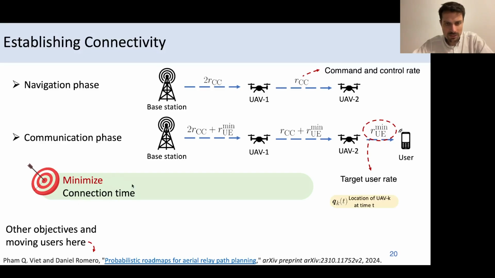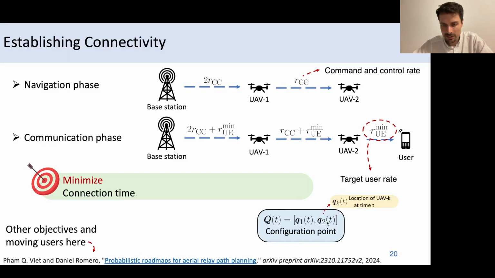So to formalize the problem, let's denote the location of UAV k at time t by this symbol here, q_k(t), and then let us introduce the matrix Q, which contains both the position of UAV 1 and the position of UAV 2, and we are going to call this matrix a configuration point because this is the terminology used in robotics.